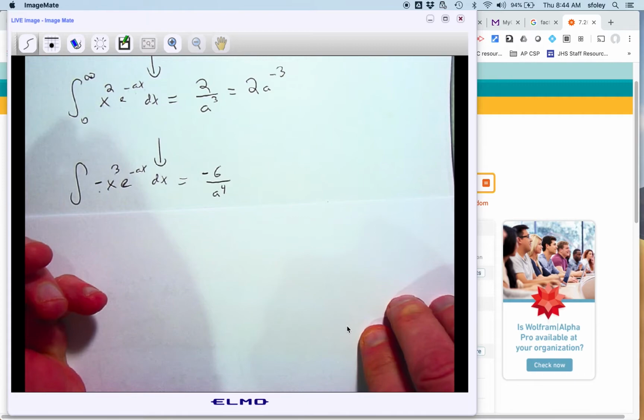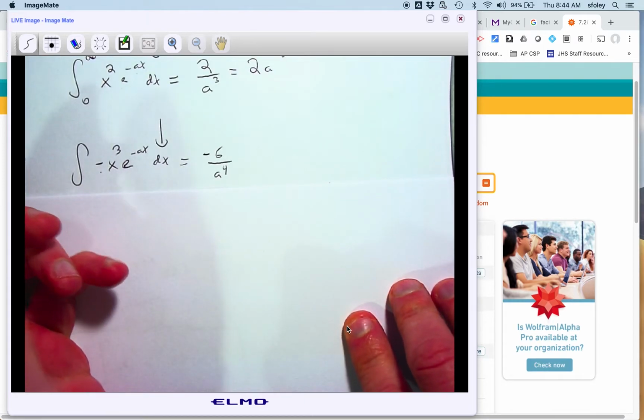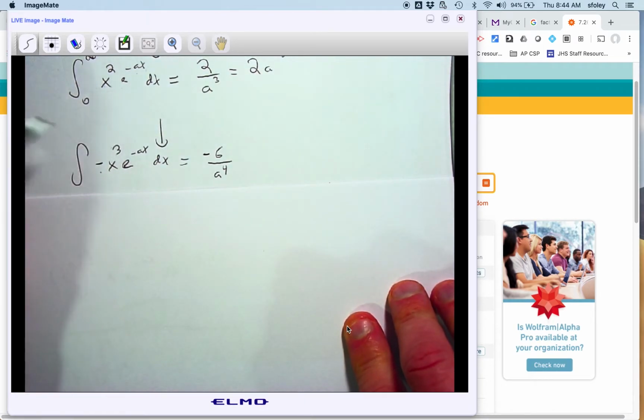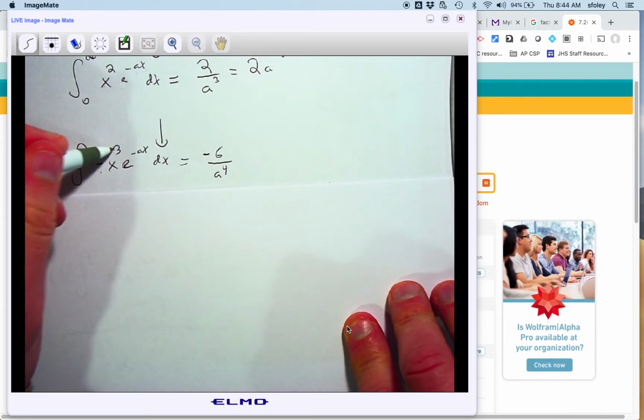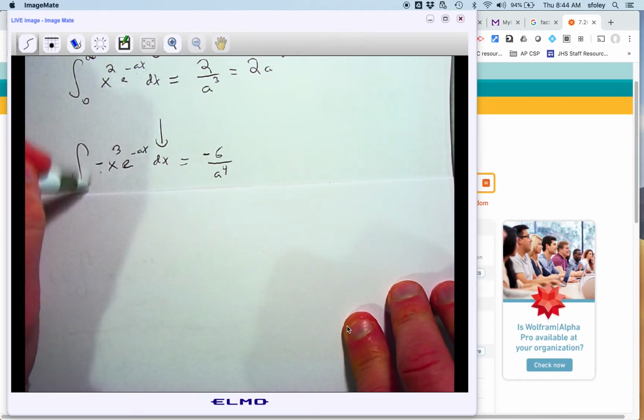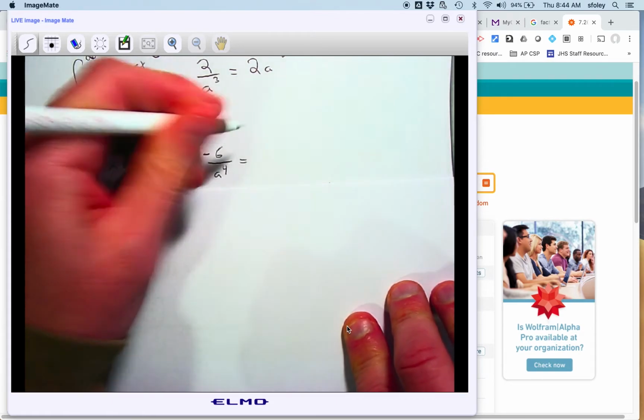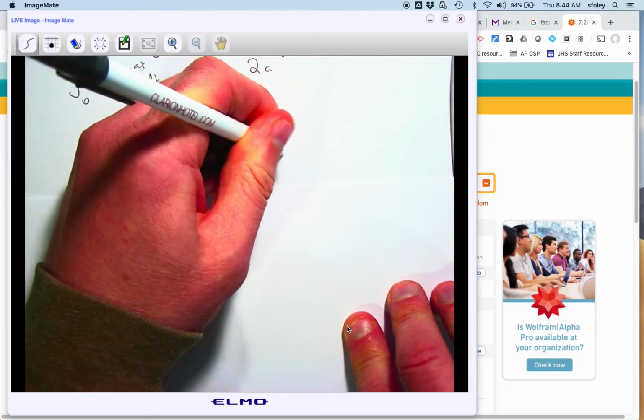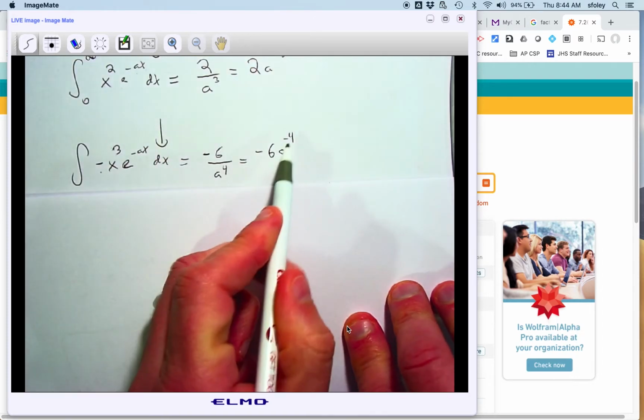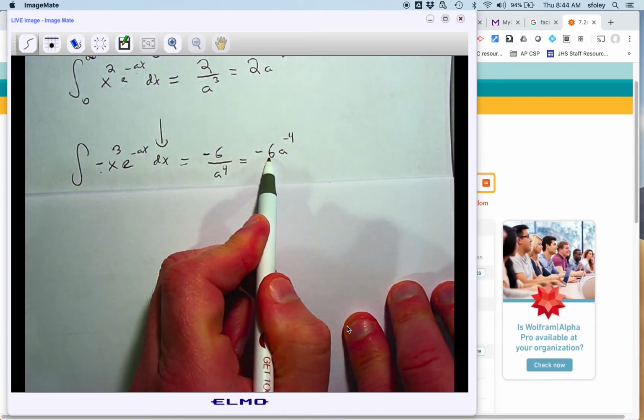And so now is the big leap. As I continue doing this, the left side's easy. The power of x just keeps going up by 1. We flip back and forth between positives and negatives. Not a big deal. On the right side, if you think about doing the next one, that 4 is going to come down, and now we're going to have 6 times 4, which is 24.